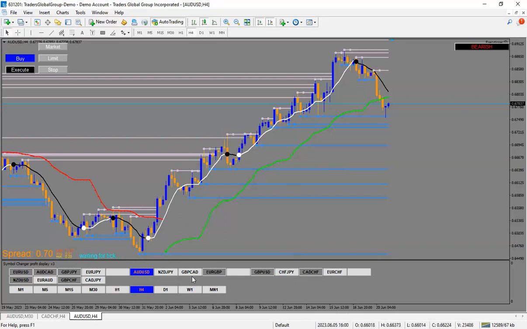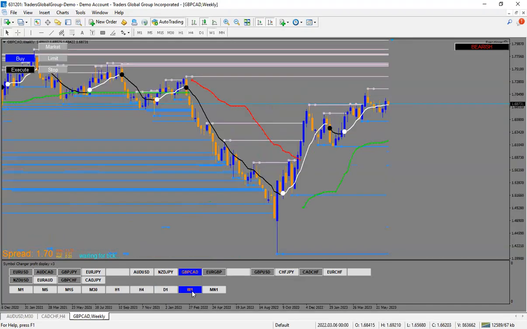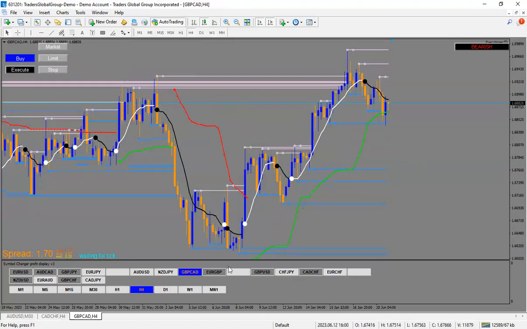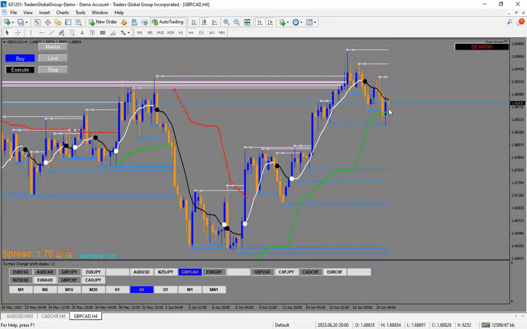But sometimes most time frames, especially the weekly and the 4 hours, are in one direction. Now on the weekly we are buying and on the 4 hours we are buying, so I tend to hold my trade longer. I still have a trade running here on GBP CHF.